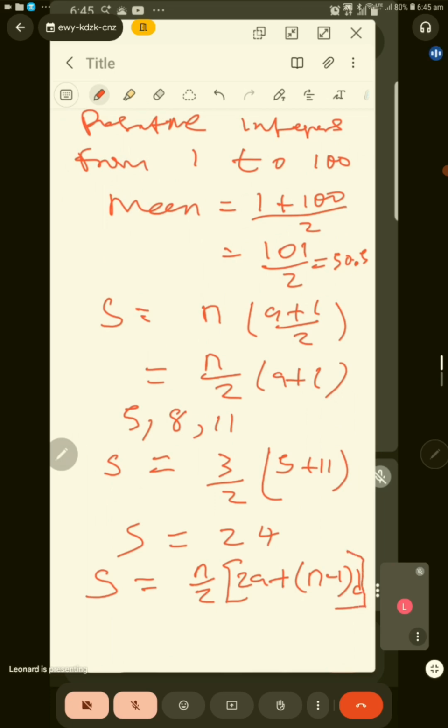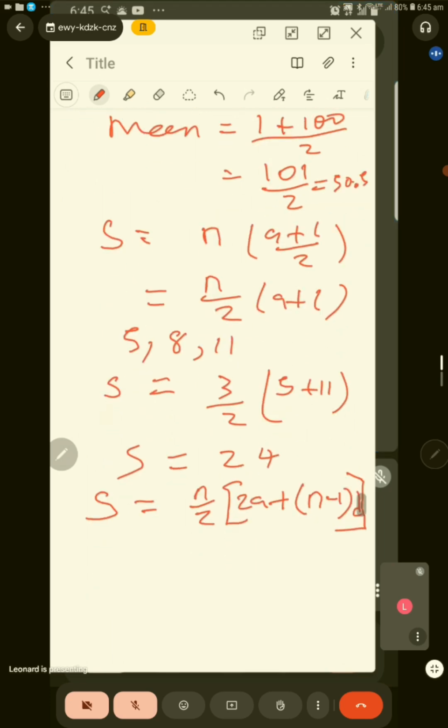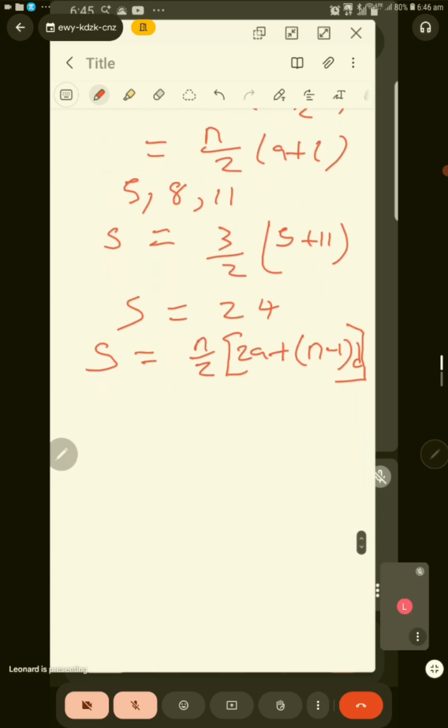This is a new formula that you can also use. It's also a formula to solve for the sum. We can also apply it for this 5, 8, 11. For instance, let's quickly apply it.